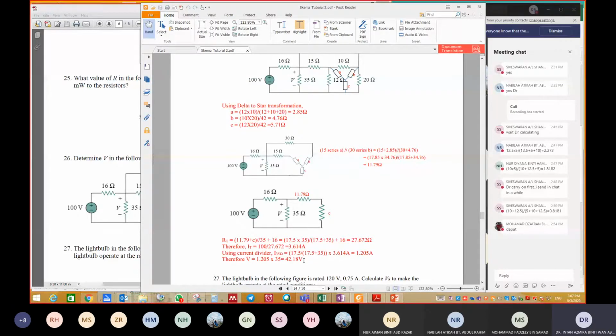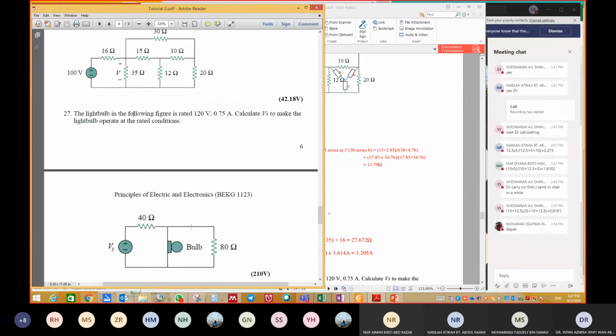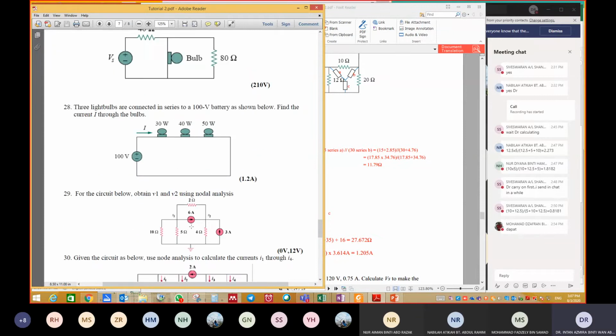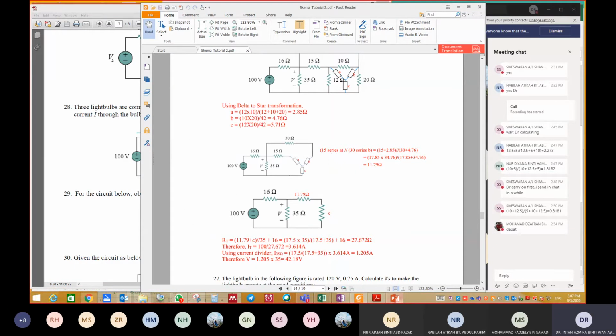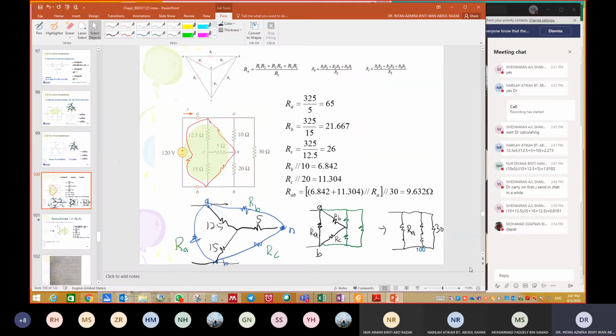Any question? If you can understand this star-delta, delta-star transformation, we can proceed to nodal analysis.